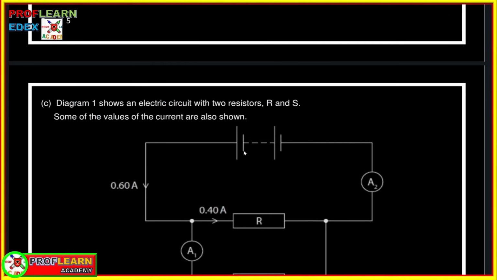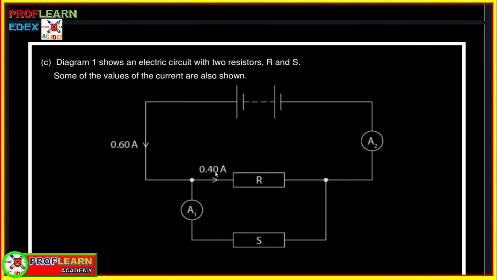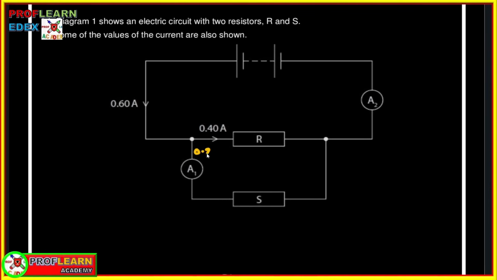All right, the diagram shows an electric circuit with two resistors R and S. Some of the values for the current are also shown. So we need to remember that when current reaches a junction, it divides. So if we have 0.60 amperes moving through the circuit from that end, when this current reaches this junction here, it is going to subdivide into 0.4 and 0.2.